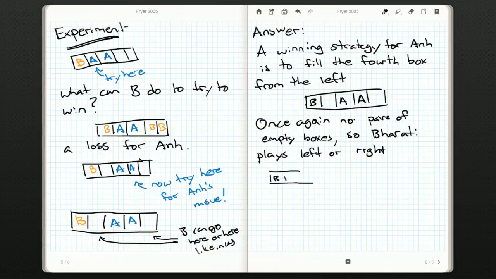B, B, A, blank. B, blank, A, B. So those are Bharati's possible moves.